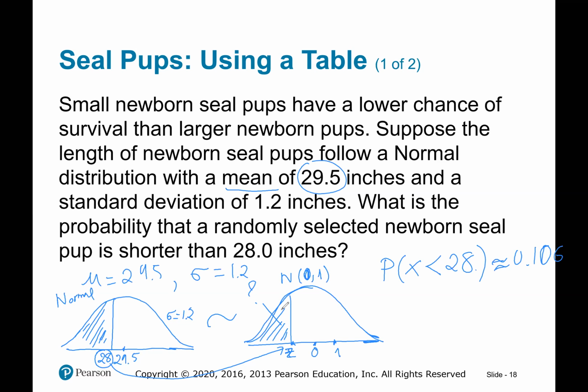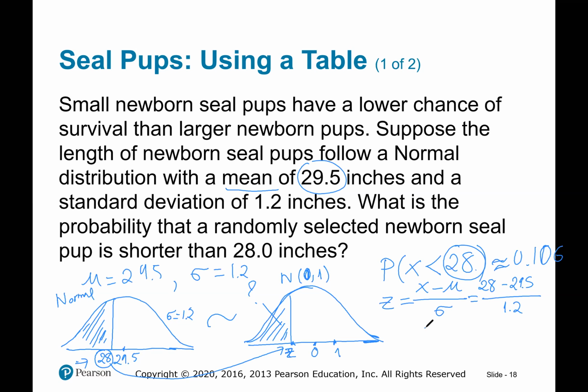So that is the strategy. And as you learned from the previous page, the z score will be equal to x minus mean over standard deviation. So x in here was 28, right? You want to convert this 28 to be z. So 28 minus mean, which was 29.5, and then divided by standard deviation, which was 1.2.